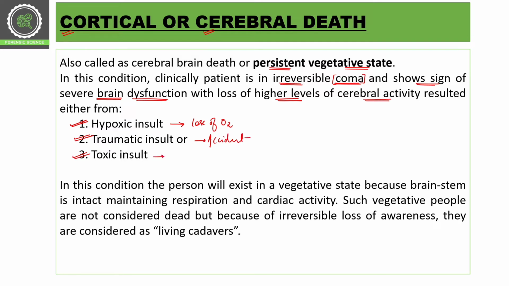Toxic insult comes from any toxic substance, let's say some poison or drugs, or a mixture of multiple drugs. Because of these things, that person can lose the higher levels of cerebral activity, the brain might show dysfunction, and it may go into irreversible coma.